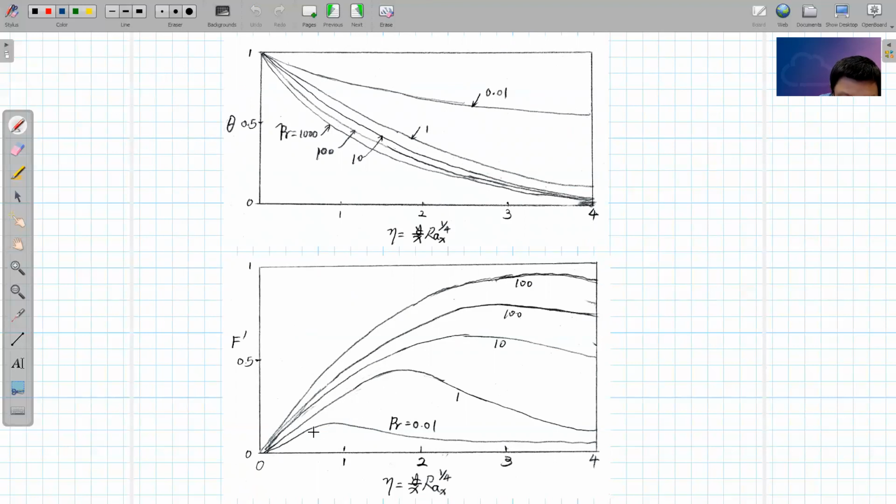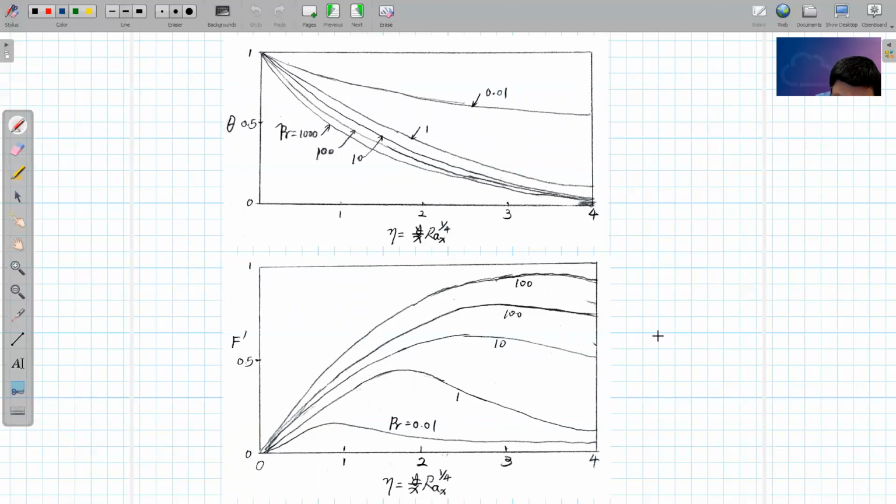When the Prandtl number is small versus large, you can see that the velocity increases first and then decreases. This is the double layer behavior we saw before. We reach a peak here, and here, and here. And again, the larger the Prandtl number, the larger the boundary layer thickness looks.